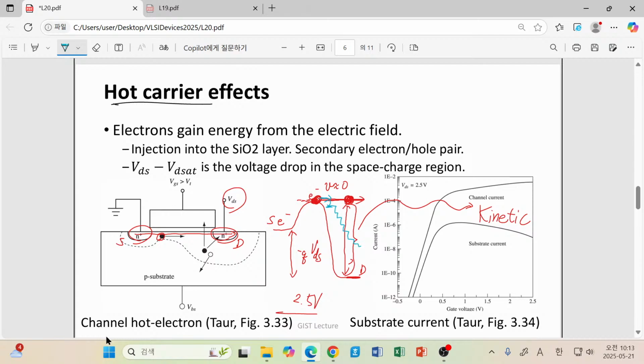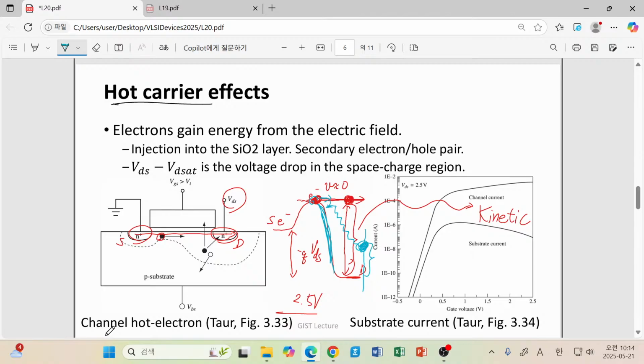If that continues, when they really arrive at the drain part, their final energy would be somewhat lower than the initial injection energy. This is the usual case. So for most electrons, this downhill between source and drain is the way to lose their energy. Through many scattering events and giving energy to the environment, they end up with relatively low kinetic energy.